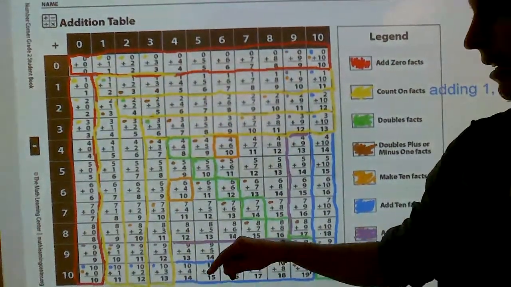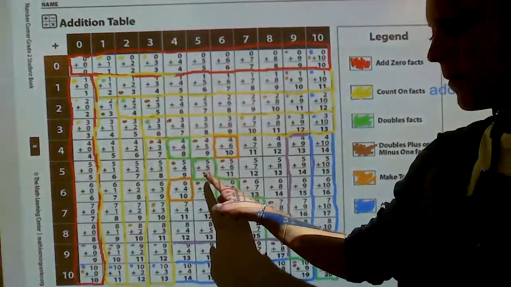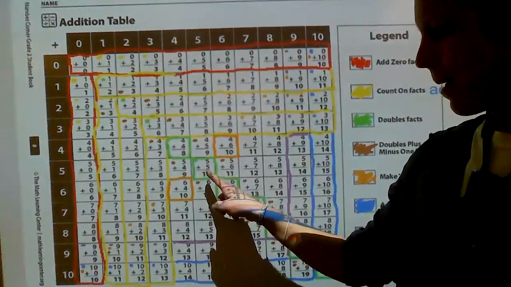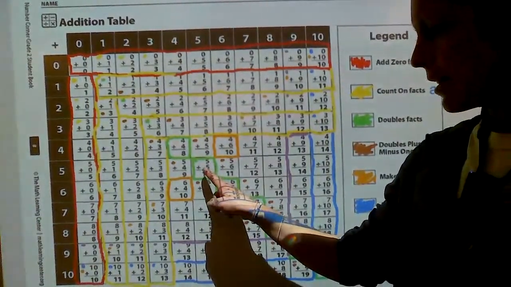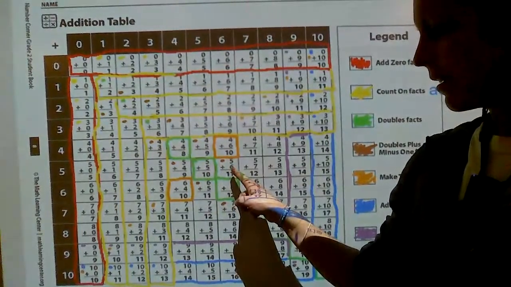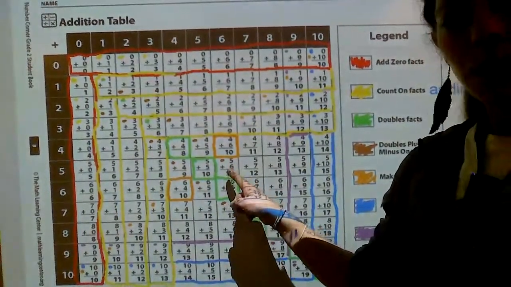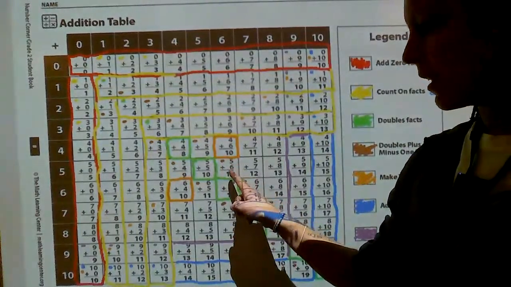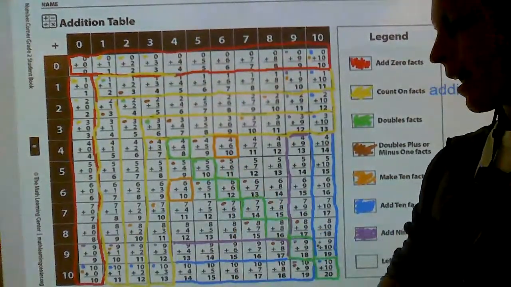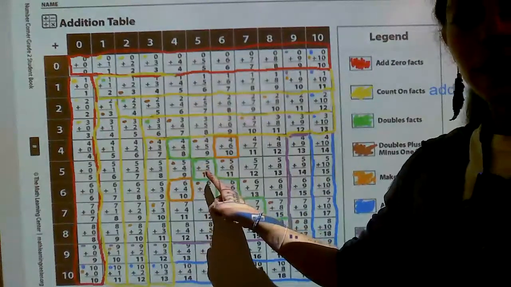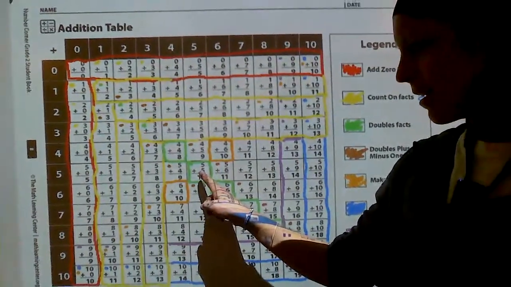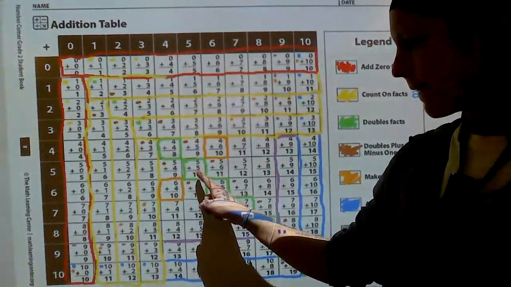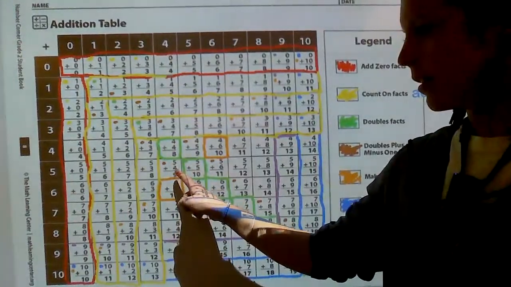So let's start in the middle. 5 plus 5 equals 10. If I know 5 plus 5 is 10, what's 5 plus 6? Well, that's a doubles plus 1. I know 5 plus 5 is 10. 1 more is 11. Okay, if I know my double fact of 5 plus 5 is 10, what's 5 plus 4?